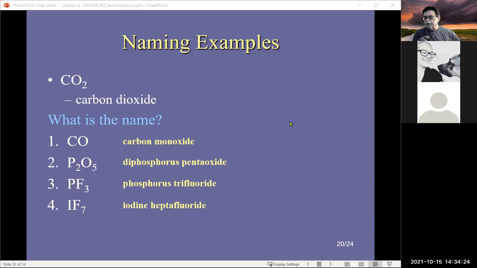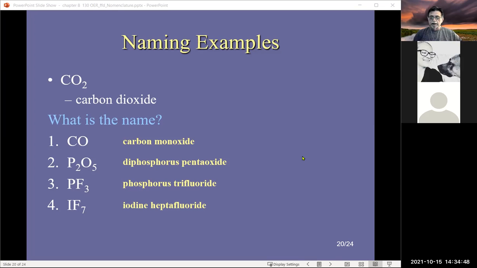Then notice we didn't drop the A there because the F is not a vowel, it's a consonant, right? All right, the takeaway here is this. One, we use prefixes for the elements for covalent compounds only, okay?